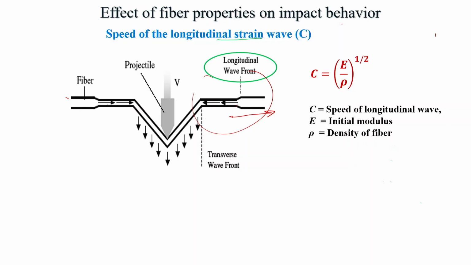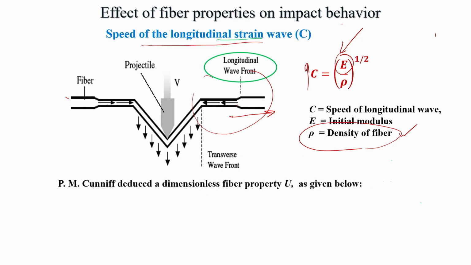So, how can we do that? Either we can increase the initial modulus. If we increase the initial modulus, then c can be increased, or we can use a fiber with a lower density. If you reduce the density, then also c can be increased. Our idea is to increase the speed of the longitudinal strain wave for better protection.